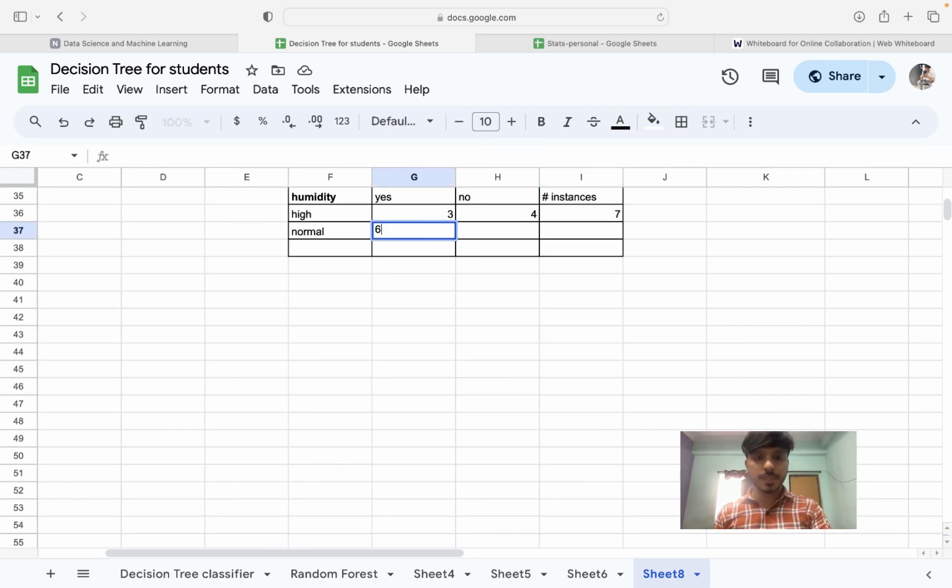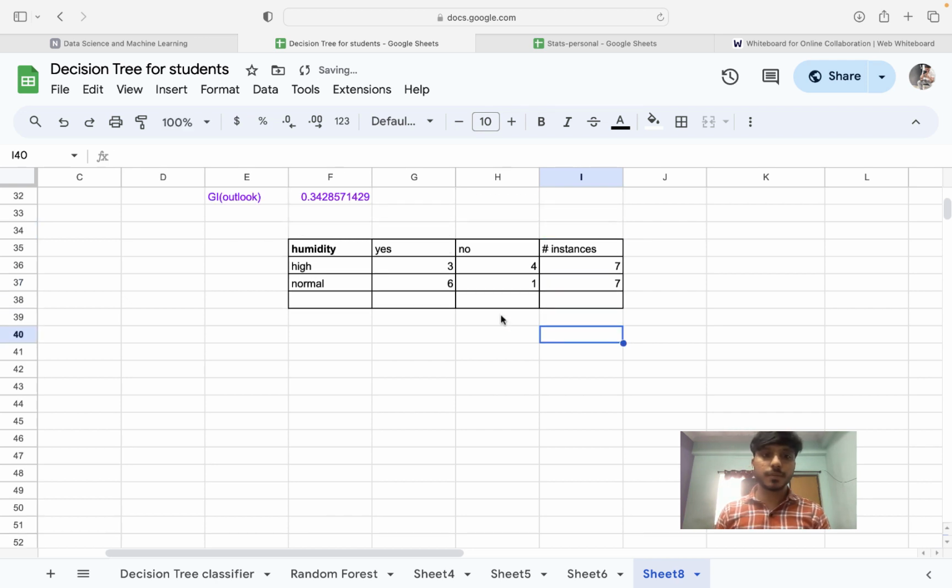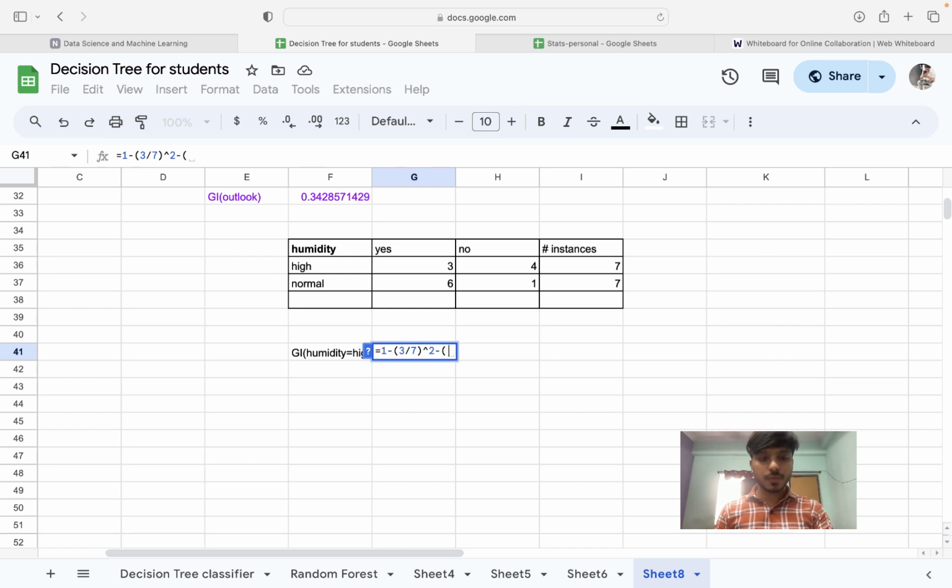So 6 yes and 1 no. The total is 7. Okay. So Gini impurity of humidity when it is high: 1 minus 3 by 7 whole square minus 4 by 7 whole square.